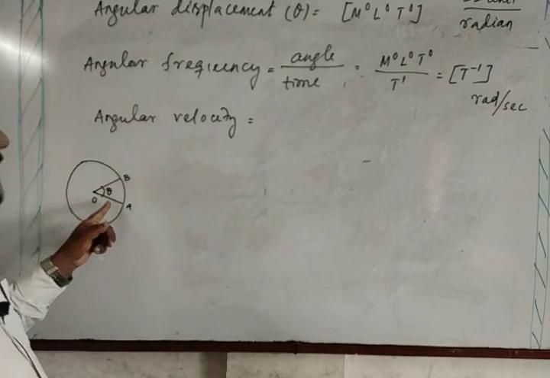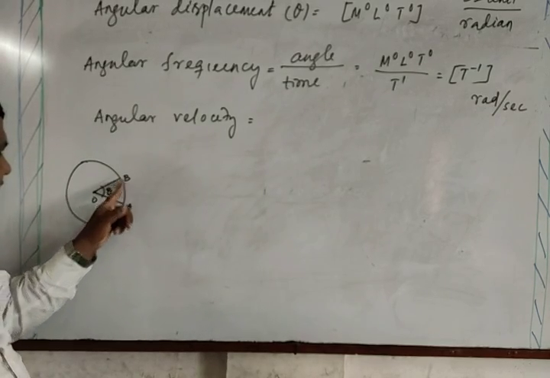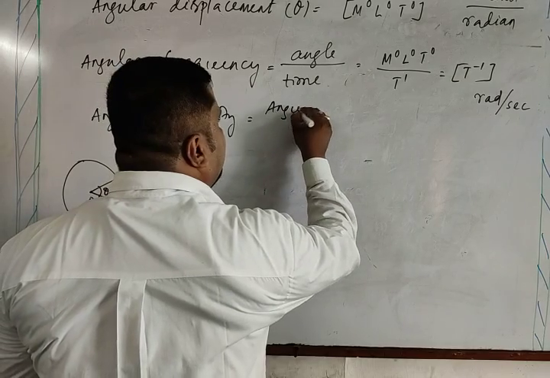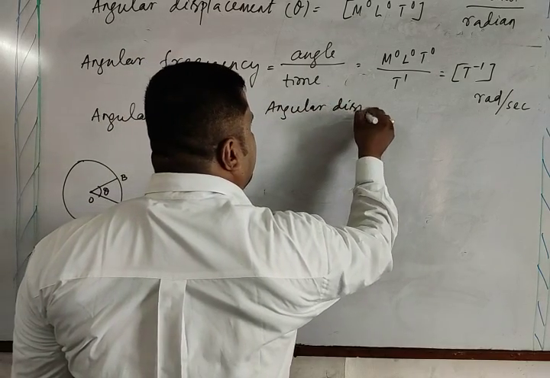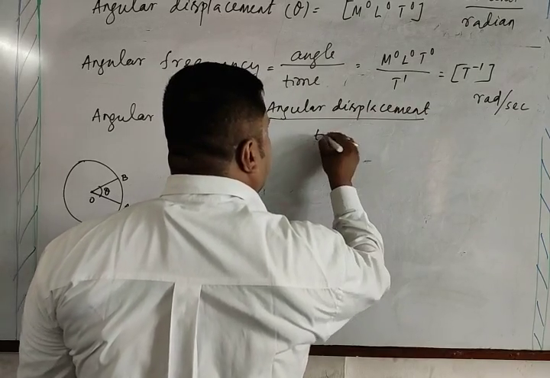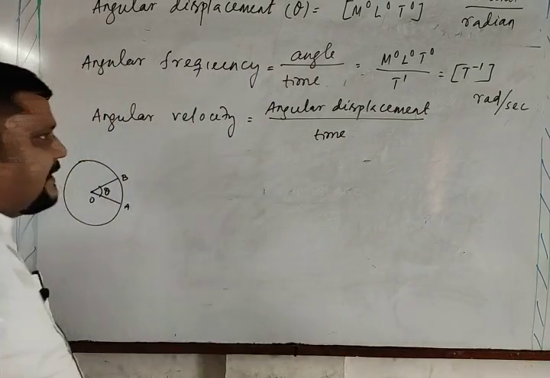That is called the angular velocity. What is the angular displacement in what time? That means angular displacement divided by time. That is called the angular velocity.